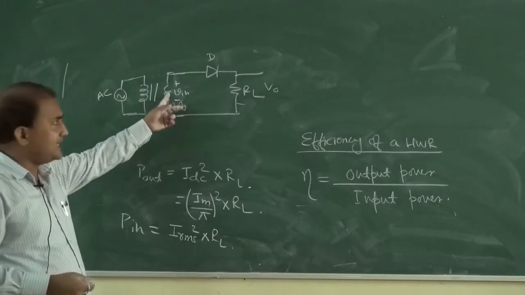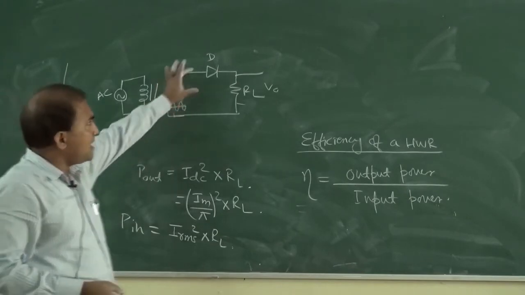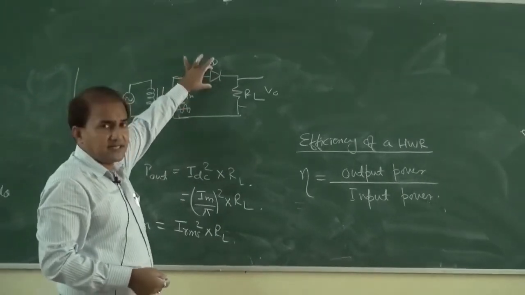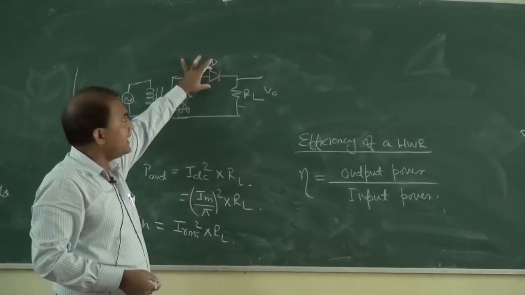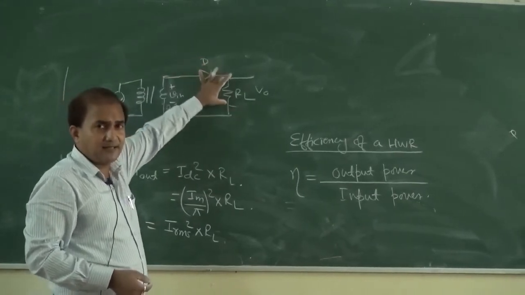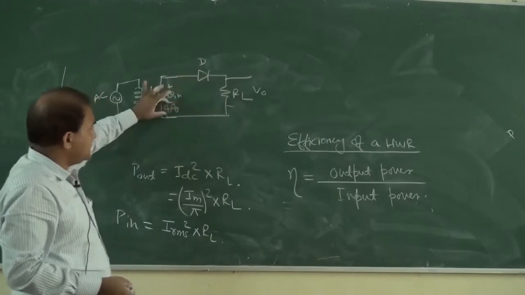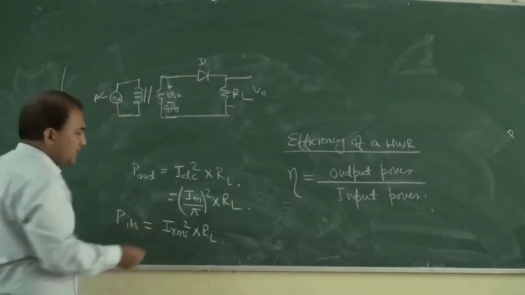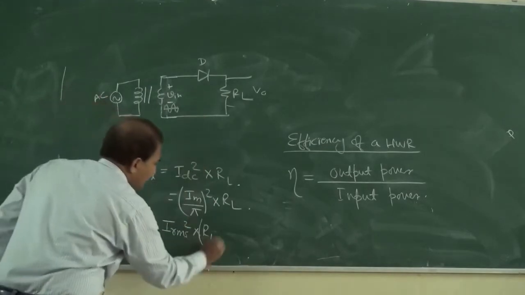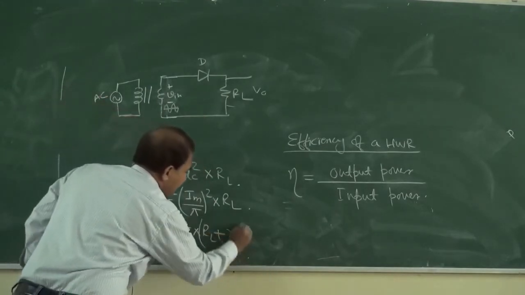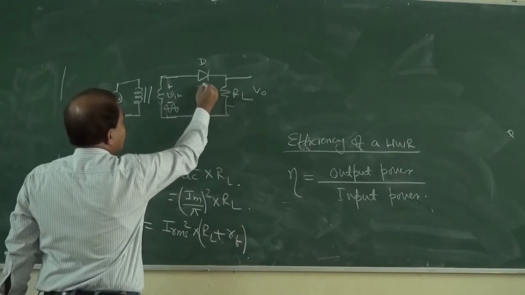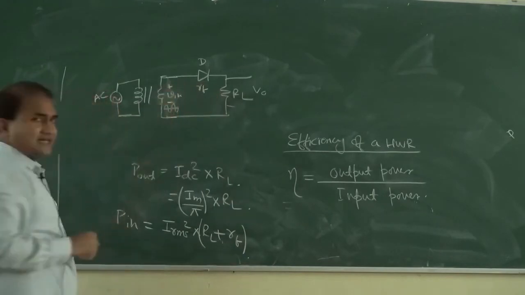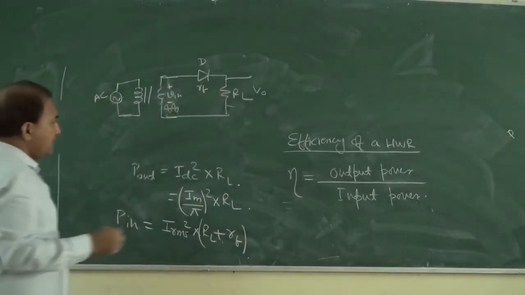Here V input is AC, and only after the use of this diode is it rectified. So P in is IRMS square into RL plus RF, if the diode has some forward resistance RF.